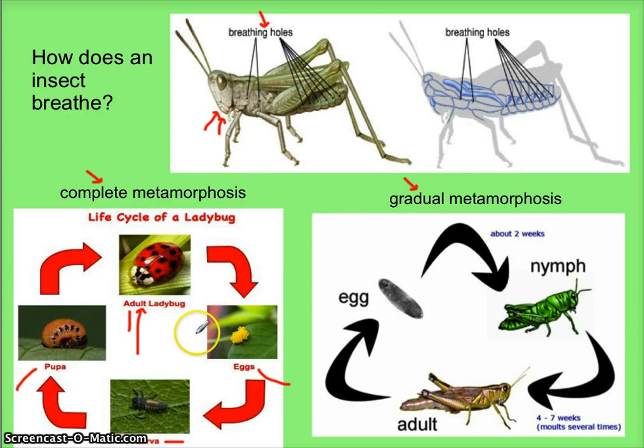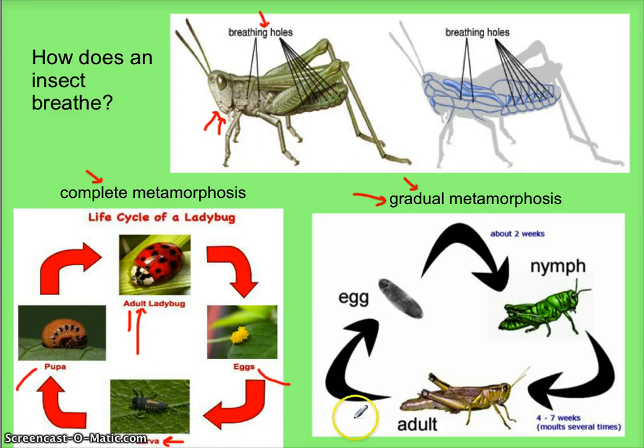Now, all insects do not do that. Many of them go through a gradual metamorphosis, and sure enough, I have a grasshopper again. This is like the third time I've had a grasshopper. But still, a grasshopper is one of many insects that do not really have a larva stage. They just don't have a larva stage.